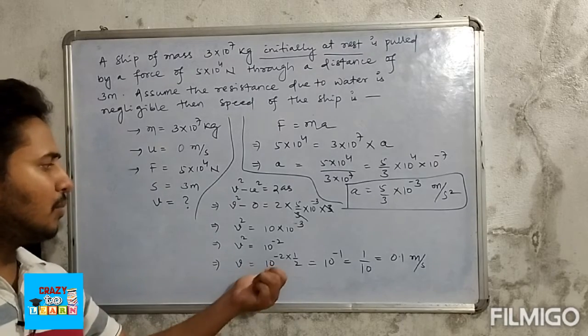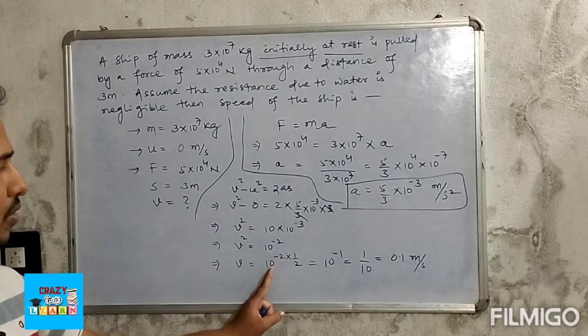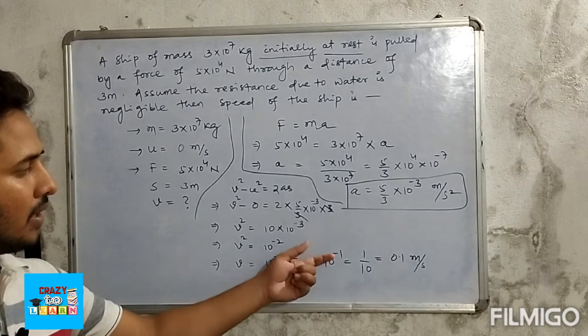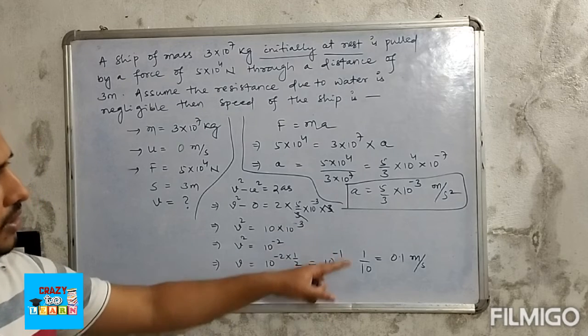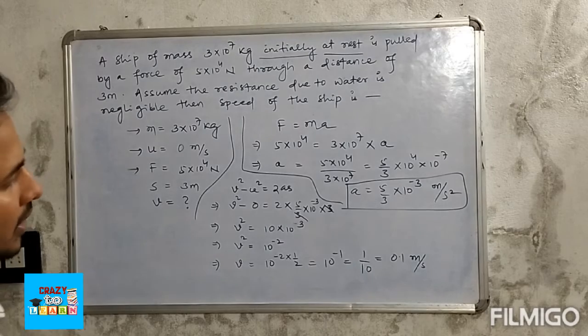To solve easily I multiplied here half with the power, so 2 into 2 cancel, so we will get 10 to the power minus 1 and take the 10 to the power 1 to the denominator, then we will get 1 by 10 to the power 1. So 10 to the power 1 means 10.